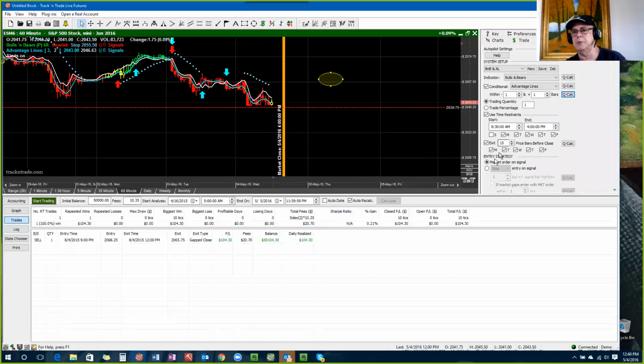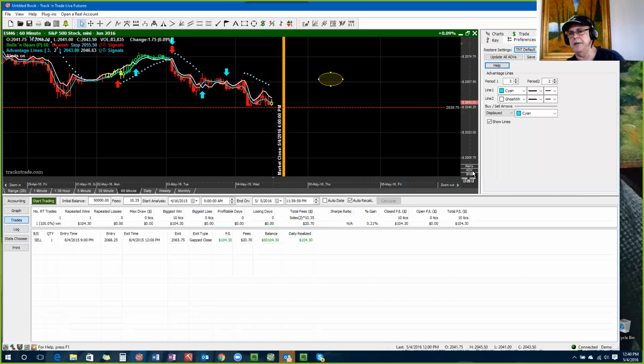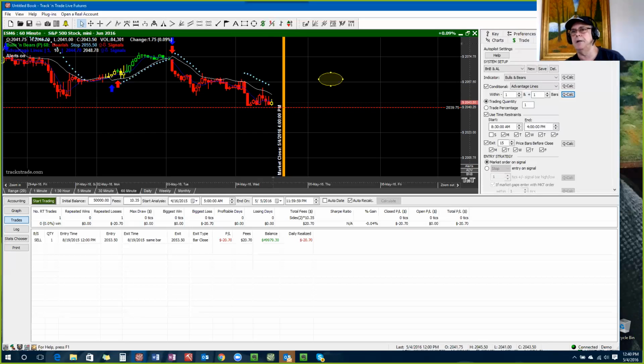Now, you can also go back over here and change your advantage lines and use the TNT default settings. Now let's go back into autopilot.